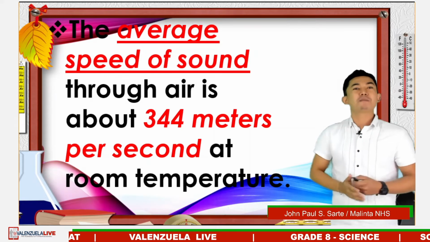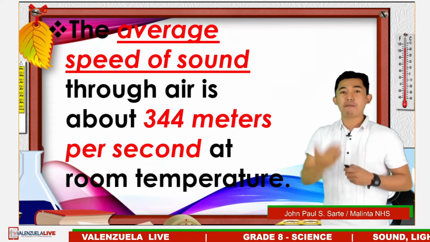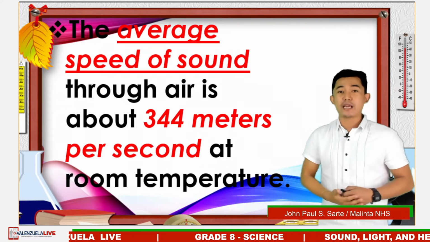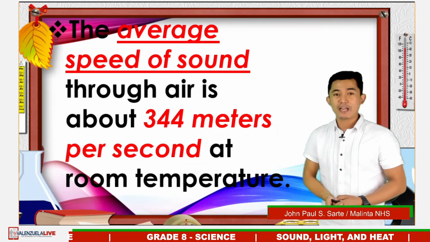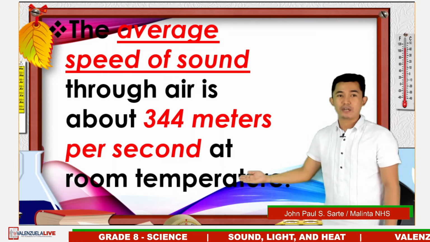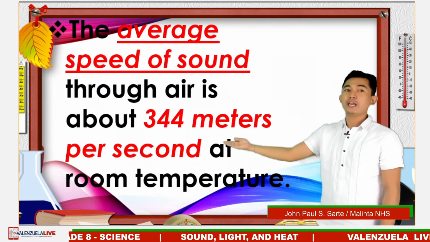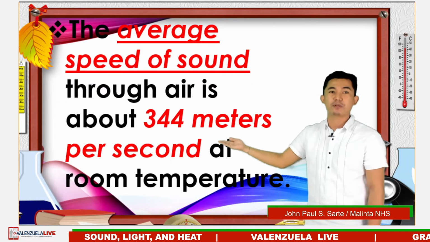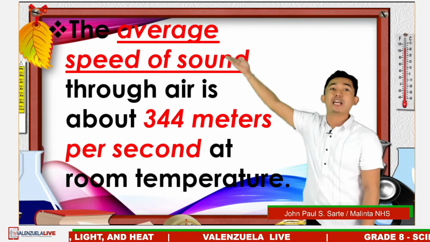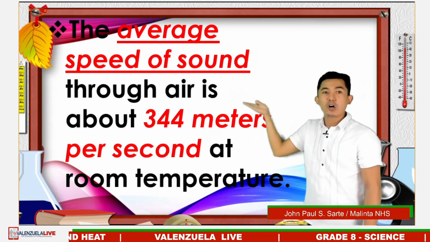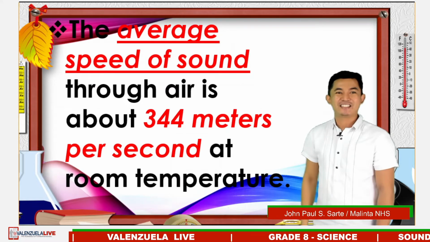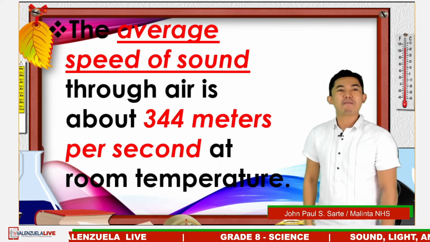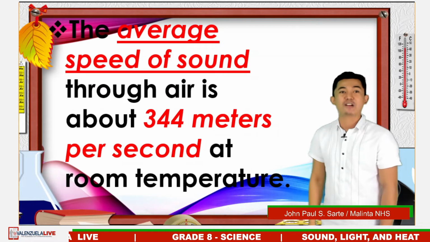Class, this average speed of sound is fixed or constant at room temperature. So meaning, it always gave the value of 344 meters per second because that is the average speed of sound. Do not forget those meters per second, which is 344.